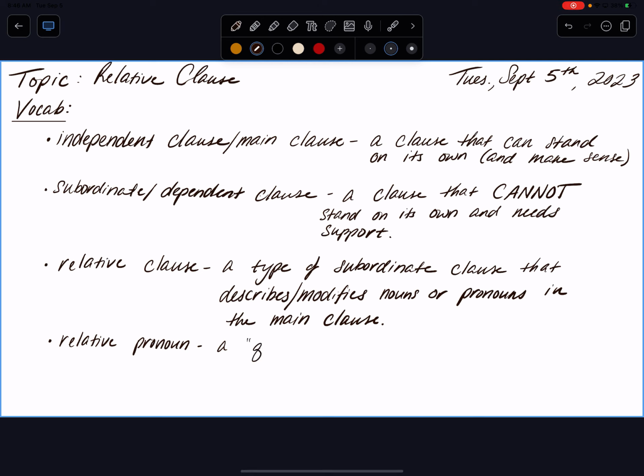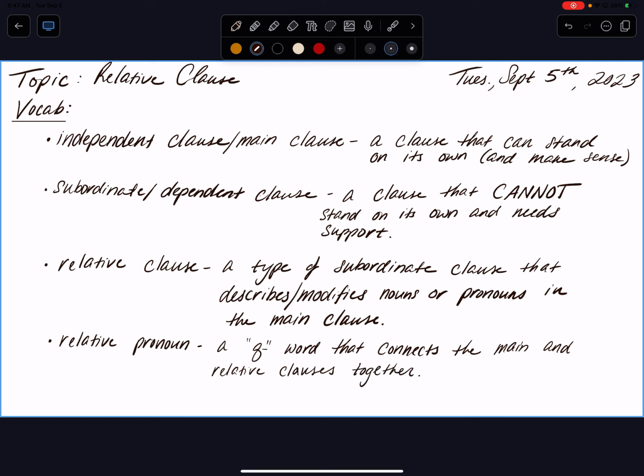And the definition is a Q word that connects the main and the relative clauses together.